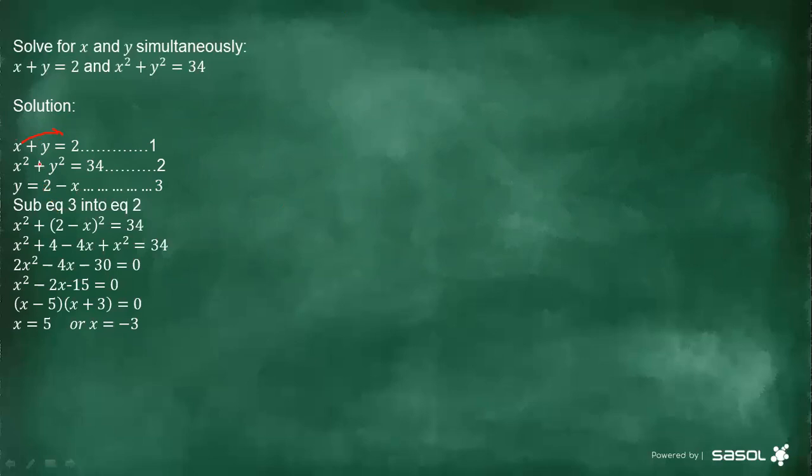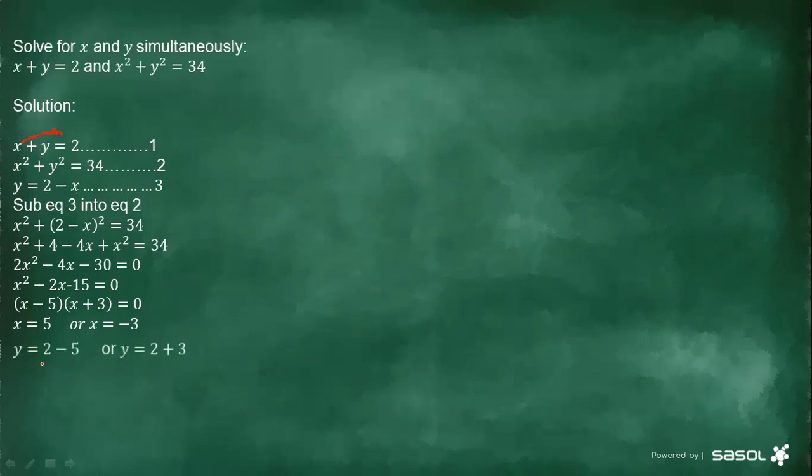You can still use the first or the second, and it's going to give you the same answer, but on the third equation y is already the subject, so you don't have to transpose anything. If you just put 2 minus 5, you'll get minus 3.